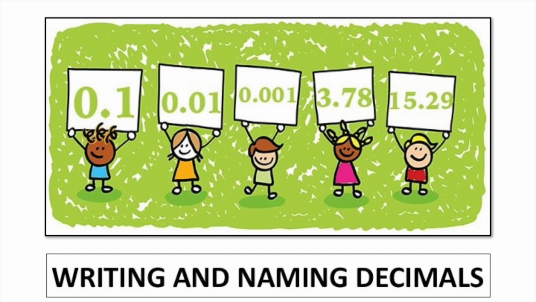We've got 0.1, 0.01, 0.001, and then some higher numbers. 3.78, 15.29. Yes. So you can see, what is the common denominator in all of these numbers?